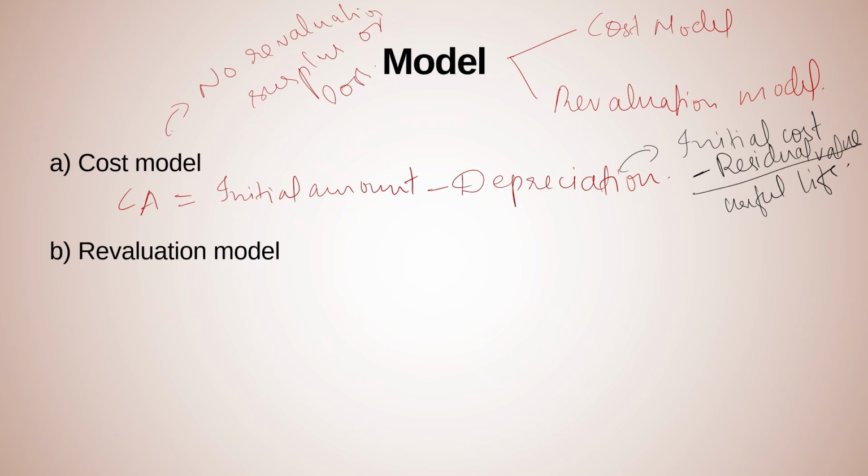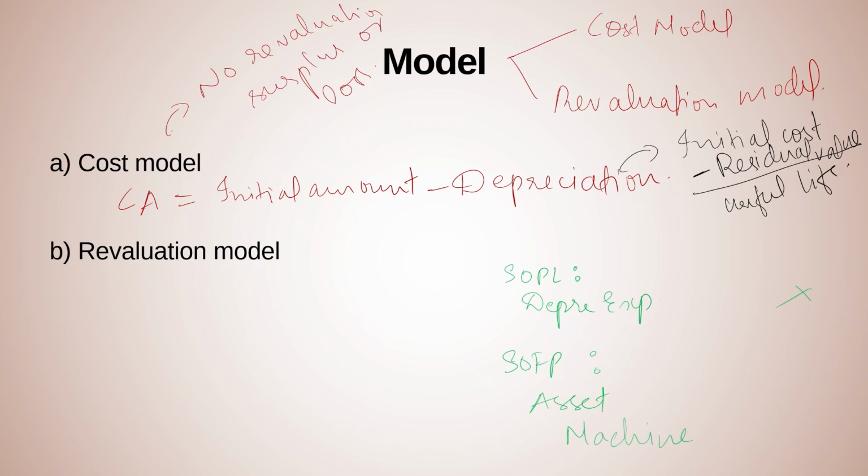Okay. The accounting treatment for the cost model is as follows. In SOPL, we will include the depreciation expense amount. Then in SOFP, under assets, we will include the machine, plant, whatever it is.